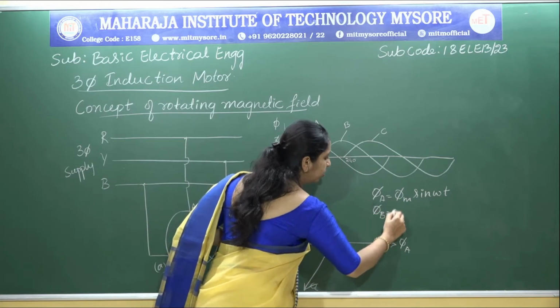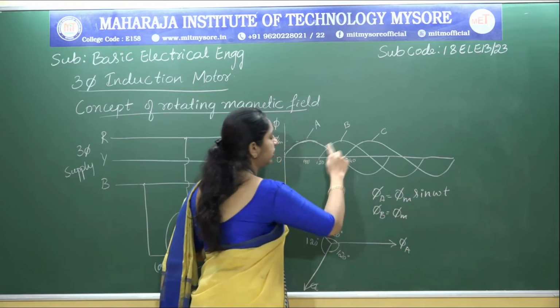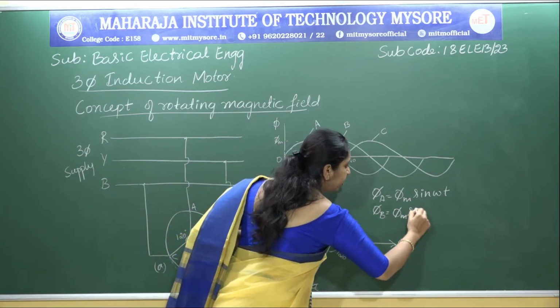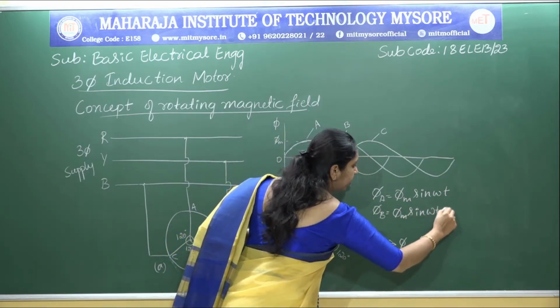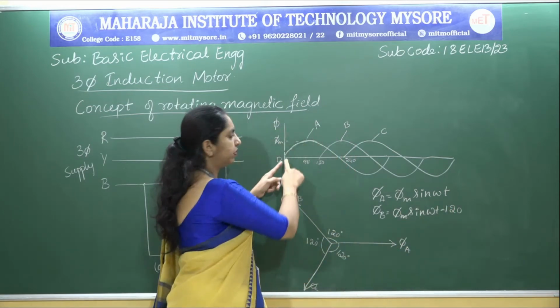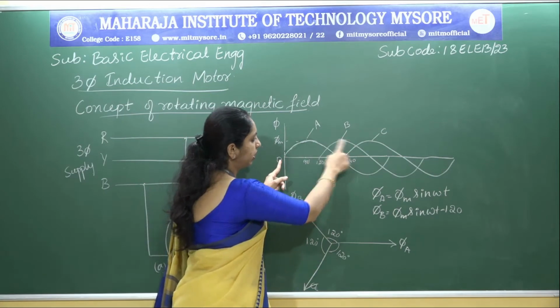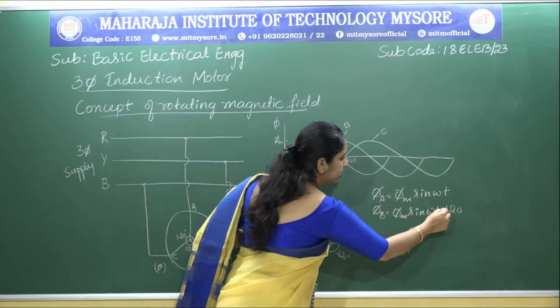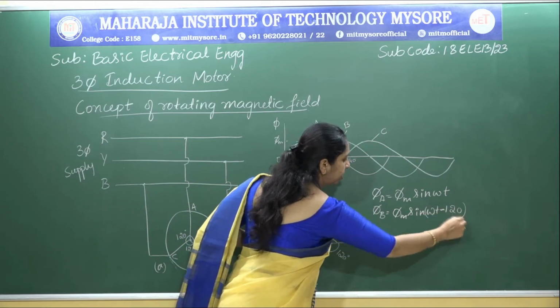Similarly phi B, the next waveform, is phi m sin omega t minus 120, because there is a delay of 120 degrees between the first waveform and the next.